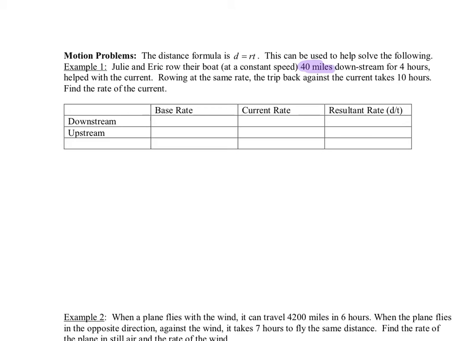So this is D. Downstream for 4 hours. So 4 hours is my T. The constant speed is R. Helped with the current. So this one goes in our downstream line. So we have the current.